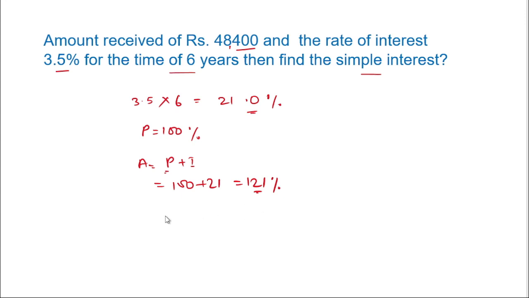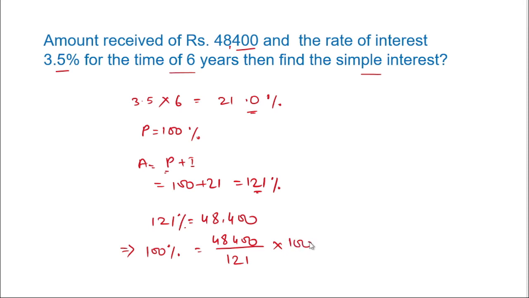So here 121% is equal to the amount they have given, 48,400. Now we'll take out the 100% value. That is 48,400 divided by 121, and now we'll multiply it by 100.